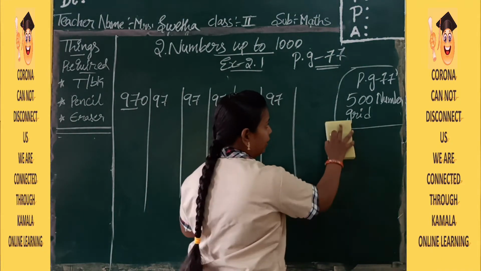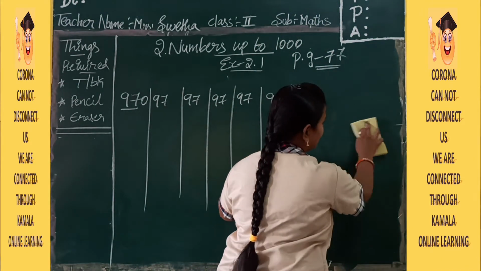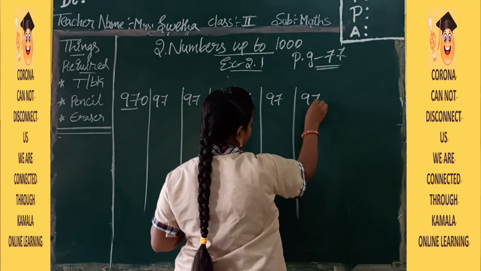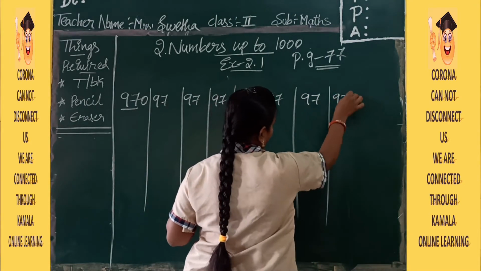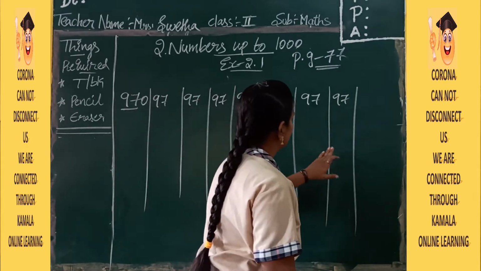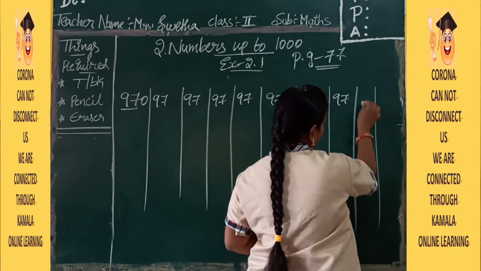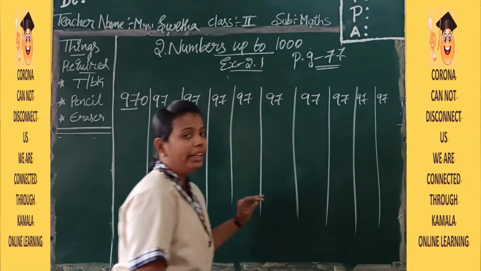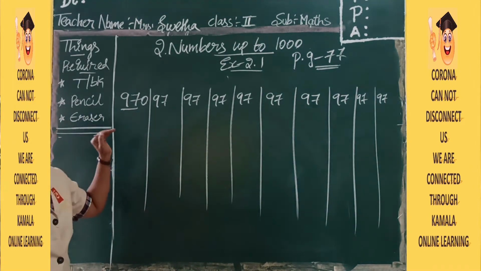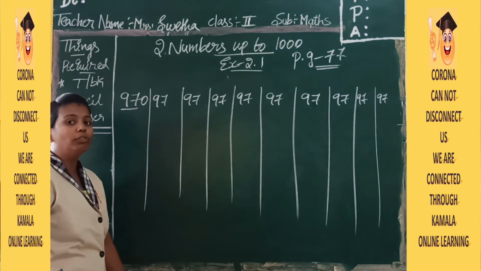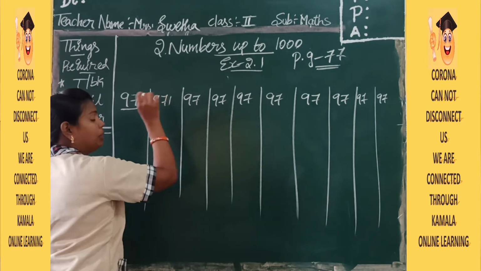So here in 970, 97 will become the common number. I will write this homework later, children, at the end. Then you have to follow it with the 1 to 9 numbers.